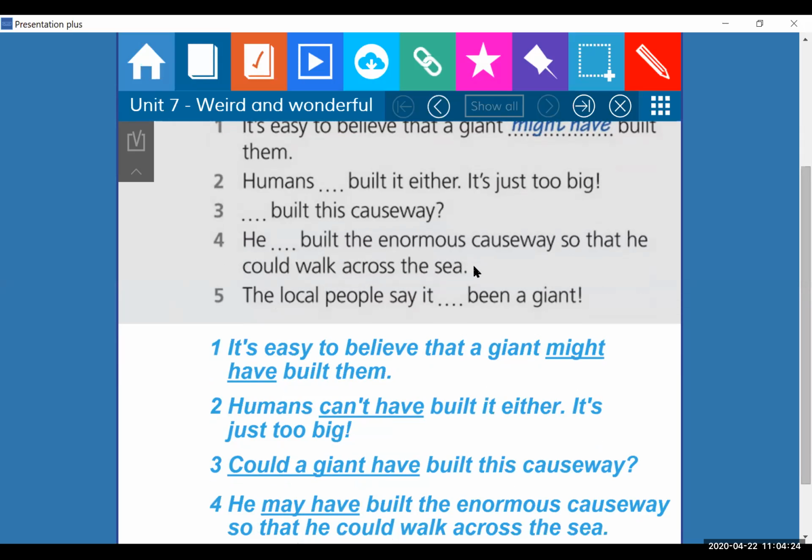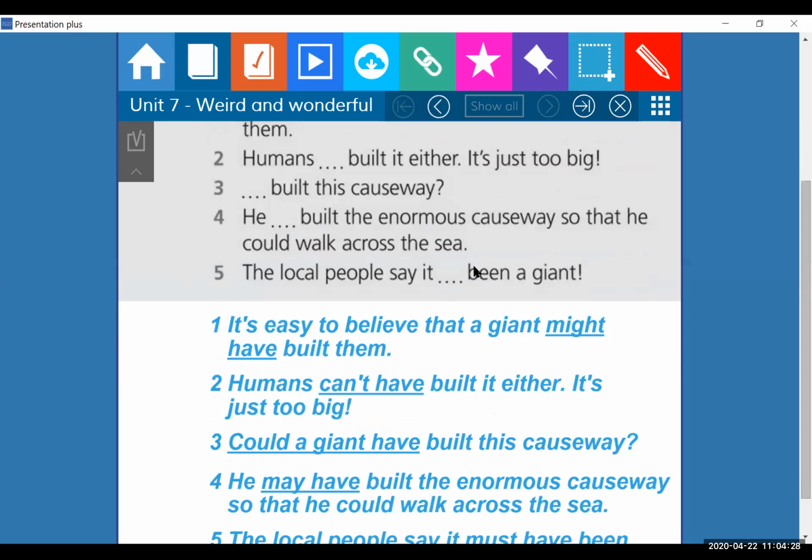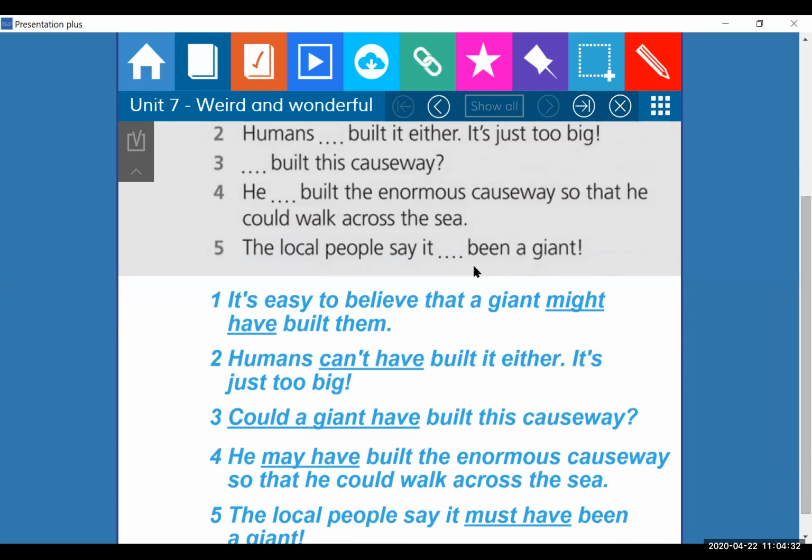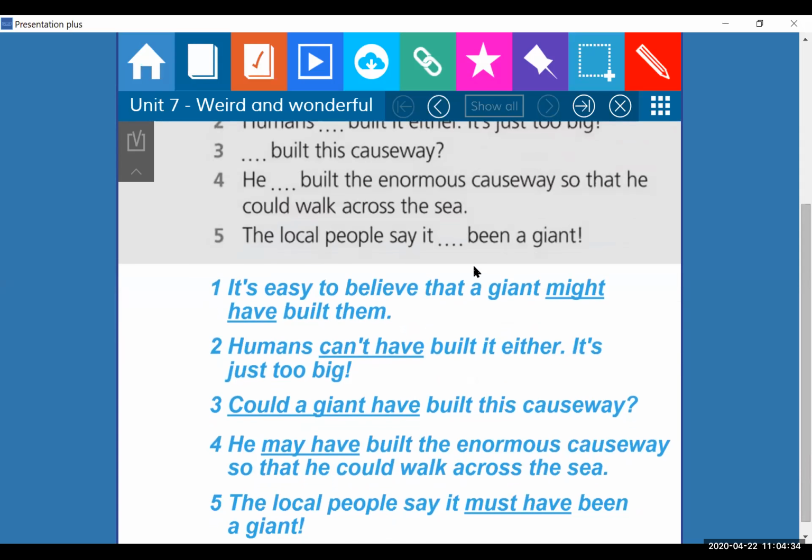I won't be spending much time on this exercise, I'm just telling you the answers because I have some other things that I planned. And the fifth one, the local people say it must have been a giant. This exercise was based on listening parts, which we missed doing. That's why I'm just sharing the answers with you. Have a look at them one more time.